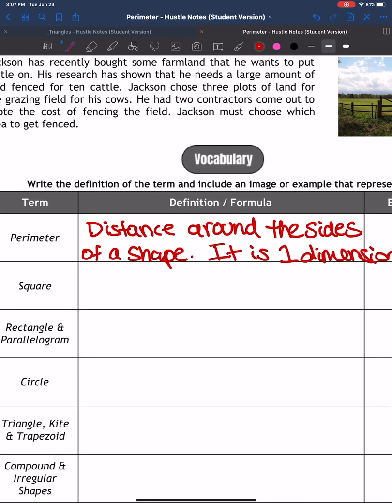When you have a square, the perimeter is 4 times the side. So P equals 4S.